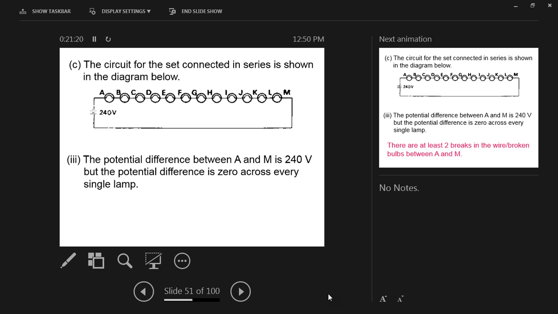Okay, one more case. The PD between A and M is 240 volts, but the PD is zero across every other single lamp. Only the most complicated case I can think of now.